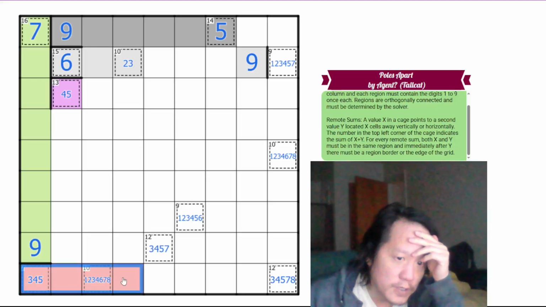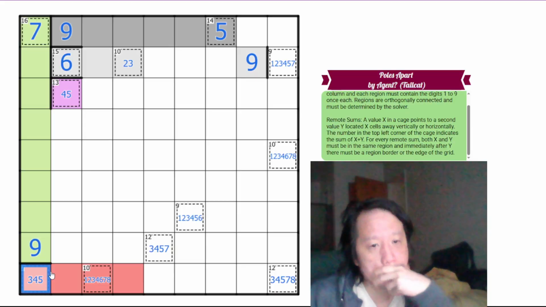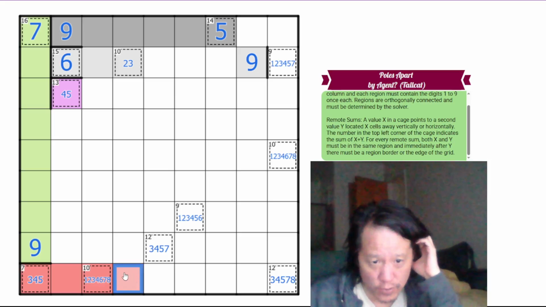So 3... if this is 3, this would then be 4. 1, 2, 3 away. If this is 4, this would be 3. If this is 5, this would be 2.